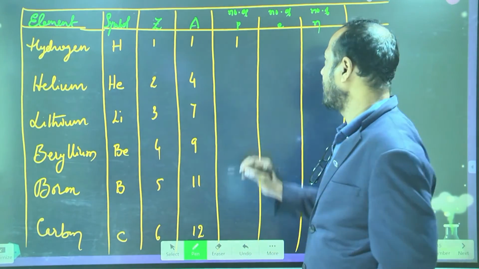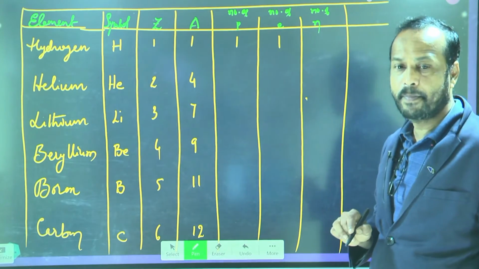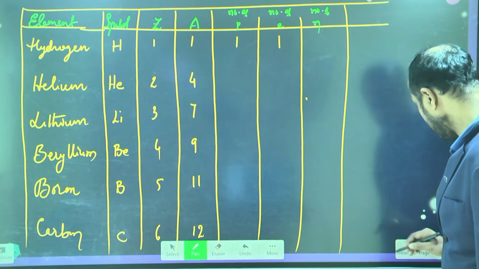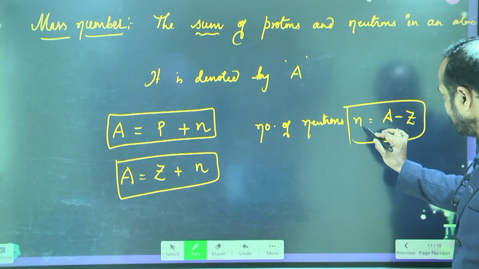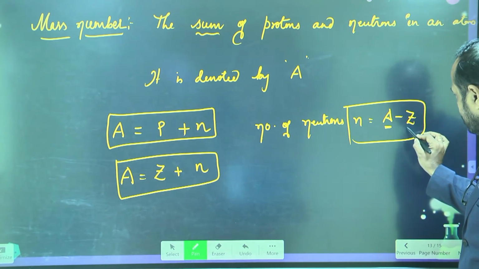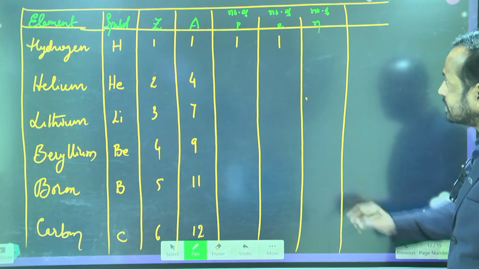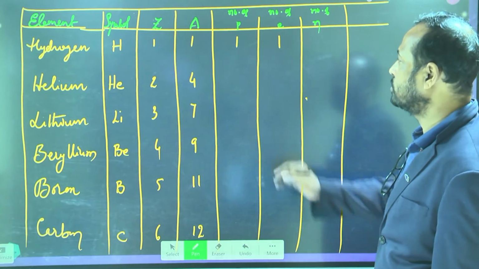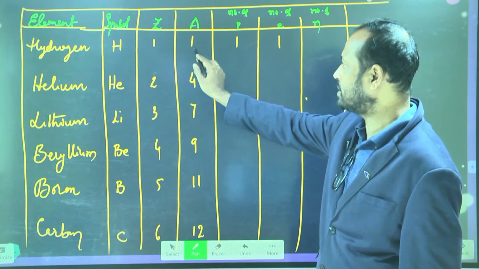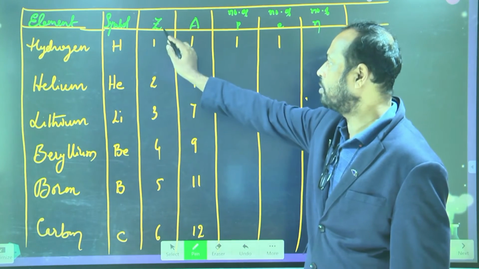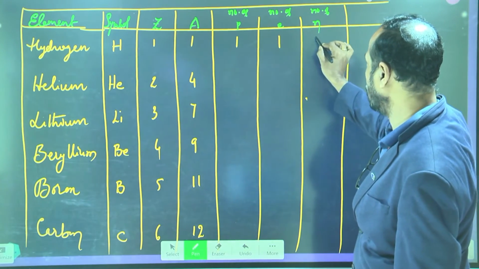How many neutrons? The formula for neutrons is A minus Z, where A is the mass number and Z is the atomic number. For hydrogen, A is 1 and Z is 1, so 1 minus 1 is 0.